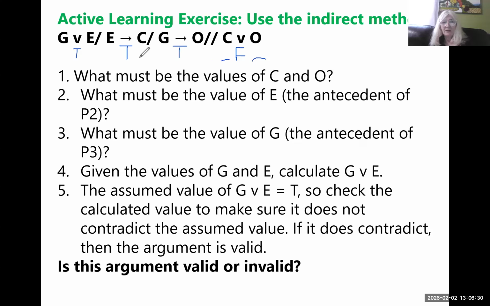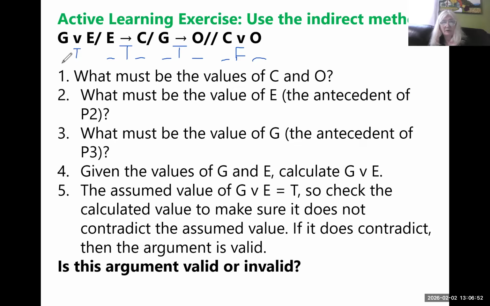If we know the value of C, does that tell us the value of E? Given E, then C must be true. If we know the value of O, does that give us the value of G? Given G, then O must be true.